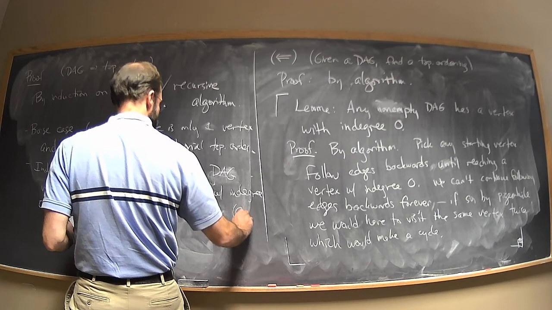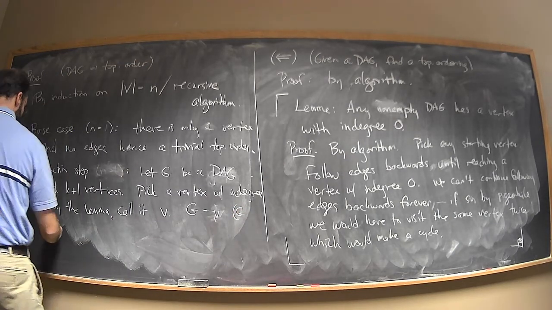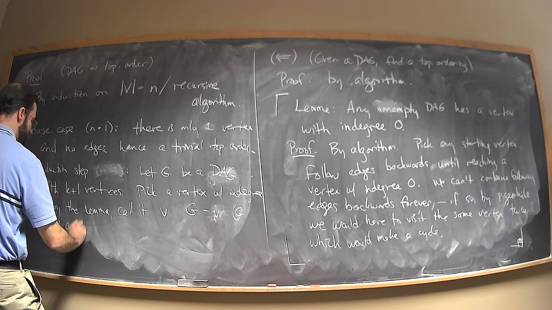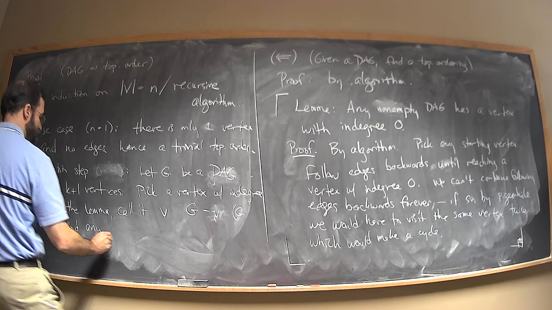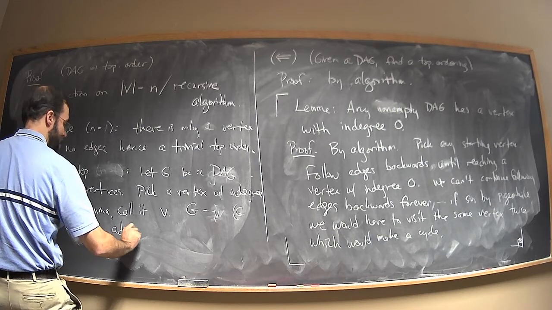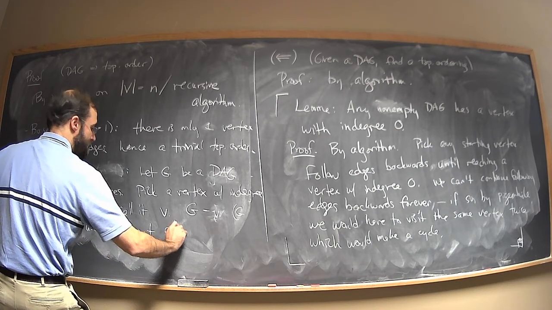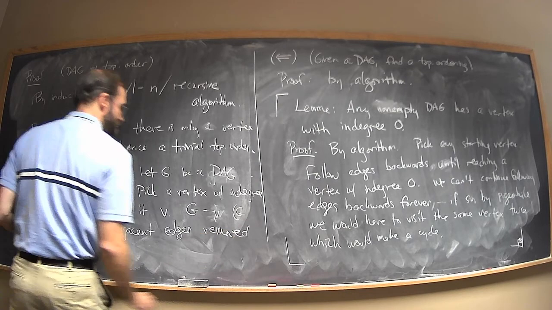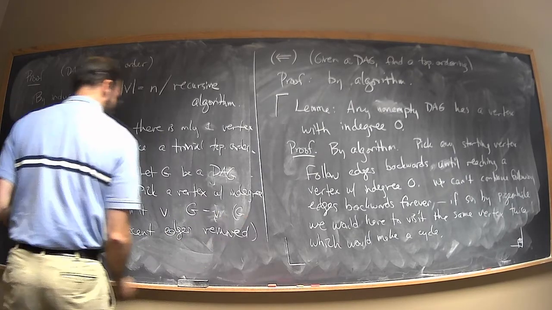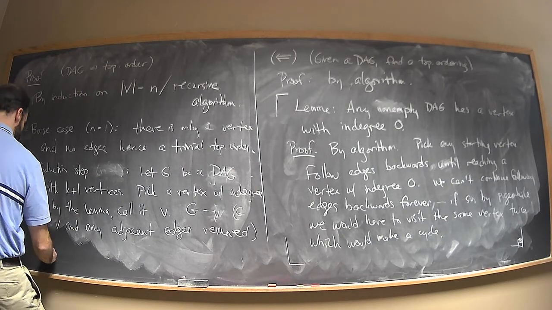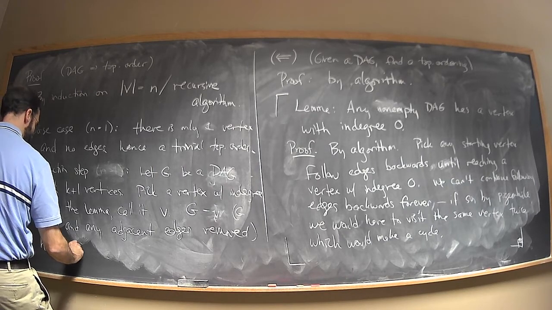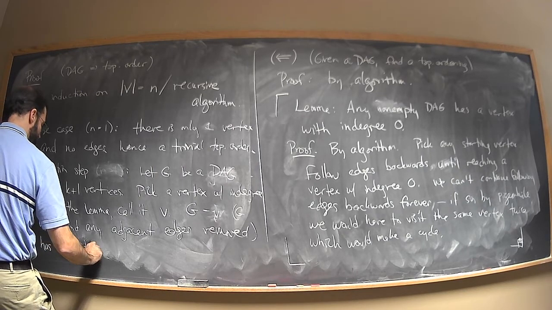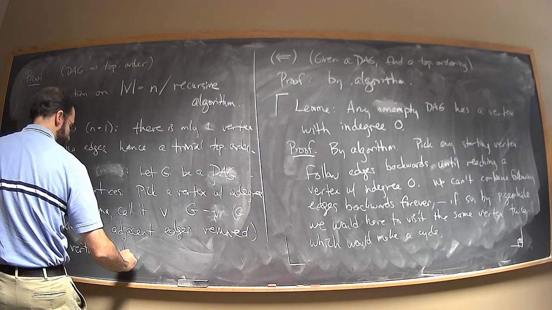So G minus V, that is G with V and any adjacent edges removed, has k vertices and is still a DAG.